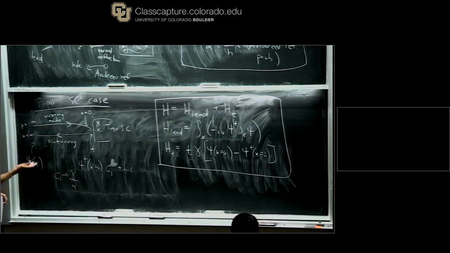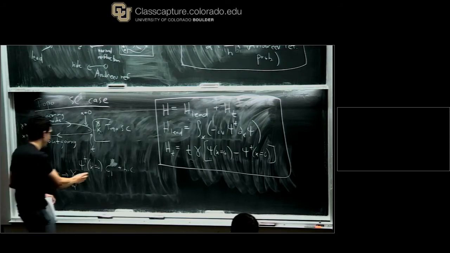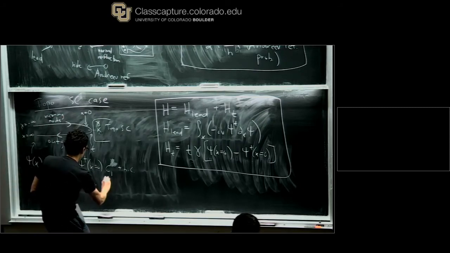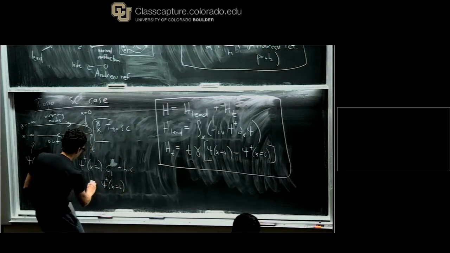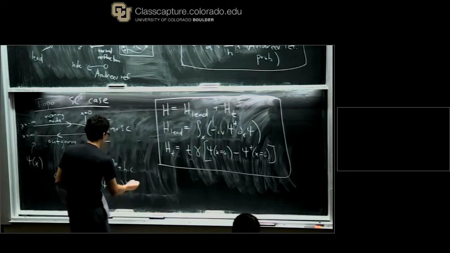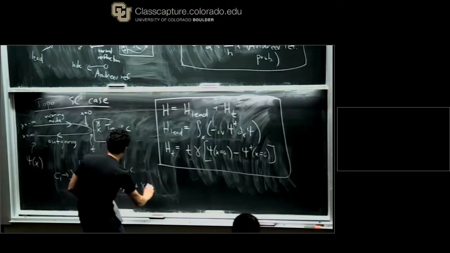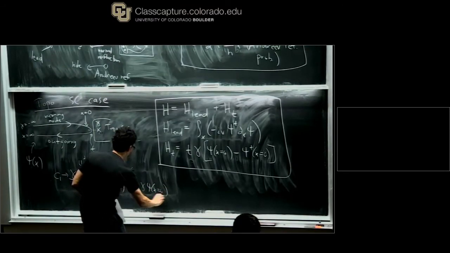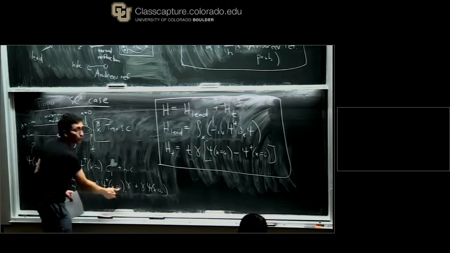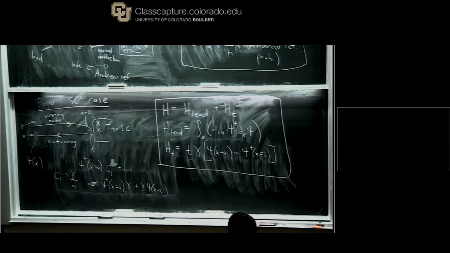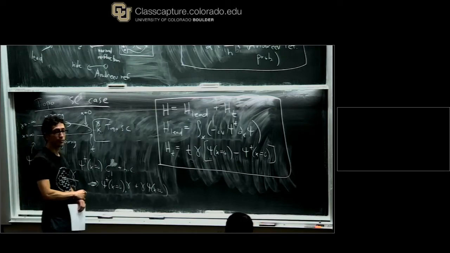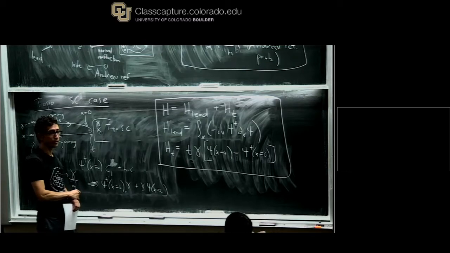And let's check if I've gotten this right. So I get psi dagger of x equals 0 times gamma under this projection, plus Hermitian conjugate, which is gamma times psi of x equals 0. Anti-commute those guys, and that's it. So this is an effective theory for just probing the ground space of the topological superconductor.